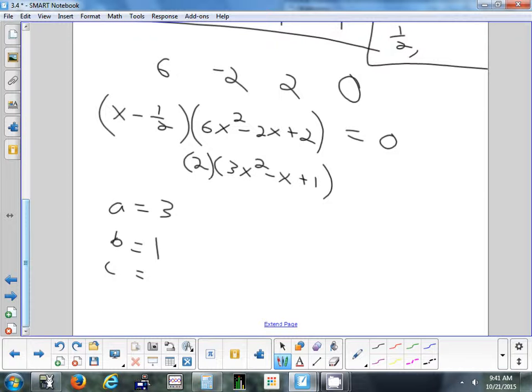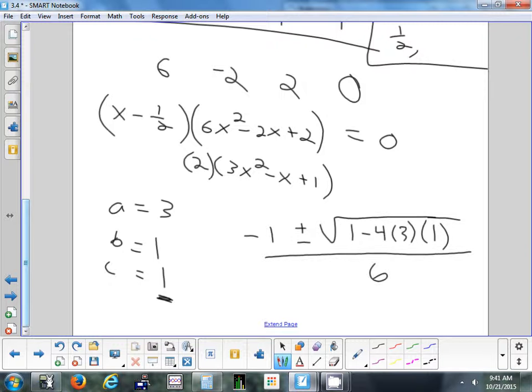And C? 1. This number right here is a problem. So we've got -b plus or minus the square root of b squared minus 4 times a times c, all over 2a.